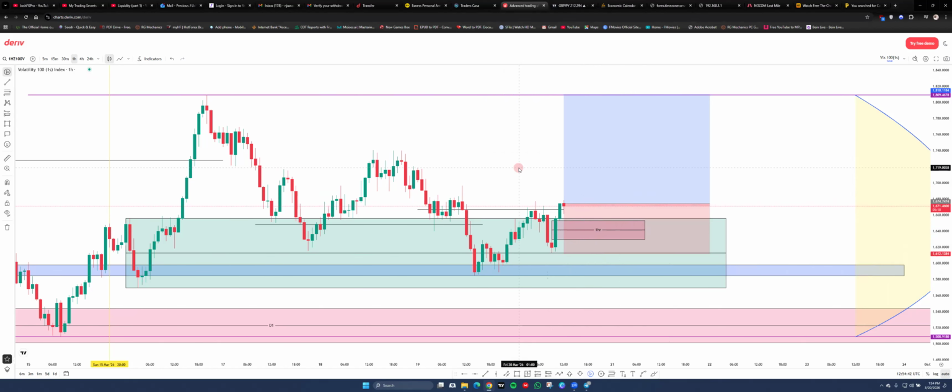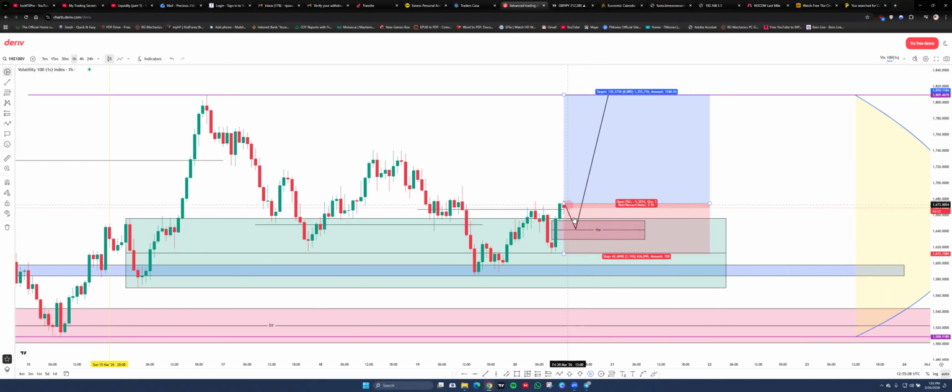You could still wait for the market to come back, tapping on this area, and move all the way to the top. You could still wait for it to do that. But where I saw it is where I saw it. However it happens, if I see this move again, then I'm going to actually enter one more time.